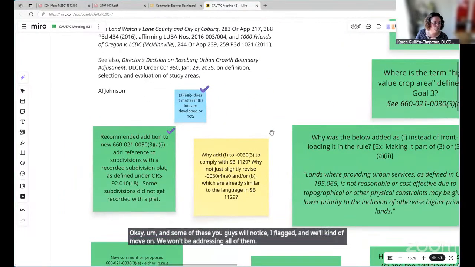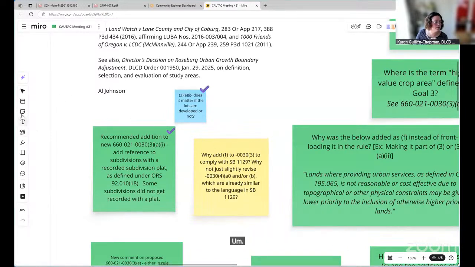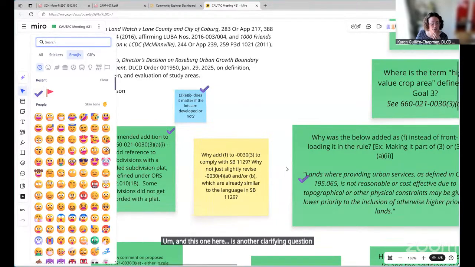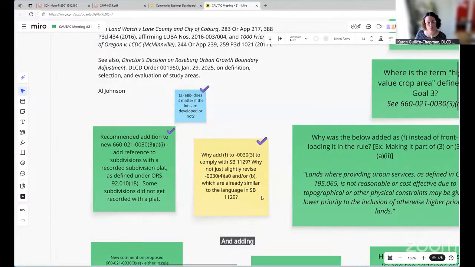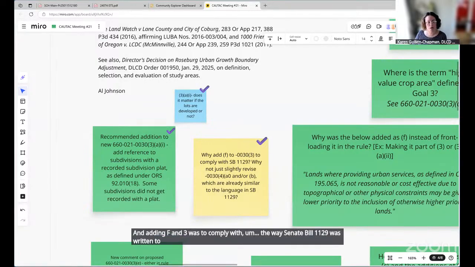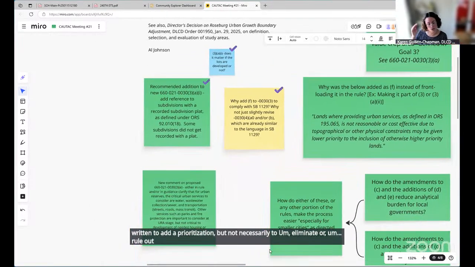And this one here is another clarifying question. Our interpretation is that there's a slight difference between 3 and 4, and adding F in 3 was to comply with the way Senate Bill 1129 was written, to add a prioritization, but not necessarily to eliminate or rule out land, but that it would just be prioritized lower, while section 4 serves to rule out land.